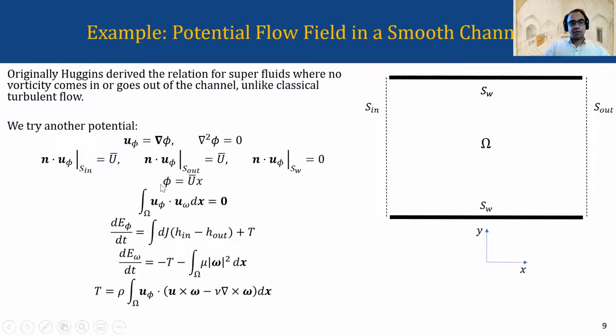You still solve the Laplace equation, but with the boundary condition that this U phi is just equal to the bulk flow. So it's just constant, equal to the bulk flow in. So U phi is basically constant in the whole domain. And we sort of get rid of these end effects, which we got.